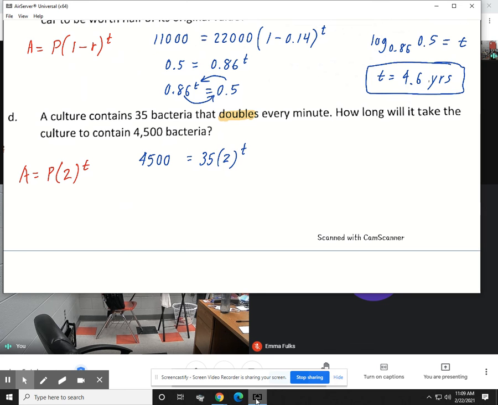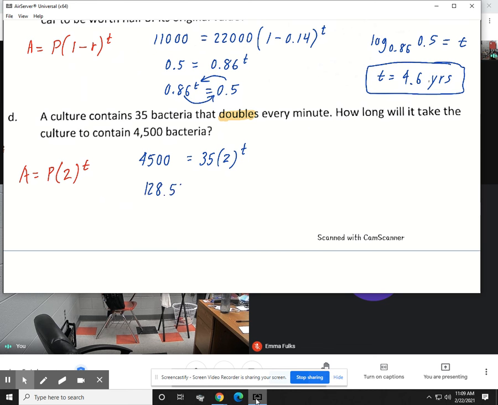So again, once we've done this a couple times, it starts getting kind of easy, doesn't it? What is the base of T? 2. So what do we get rid of? 35. How do we get rid of it? We divide. So you go to your calculator, you do 4,500 divided by 35.